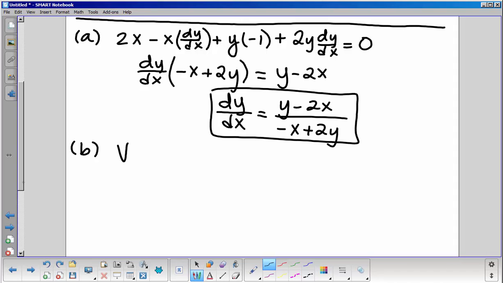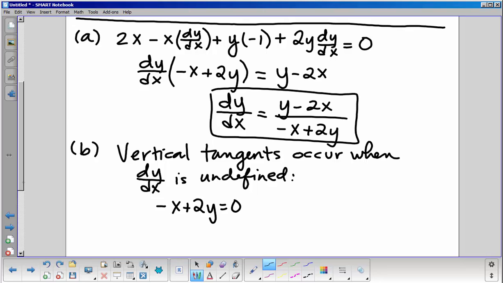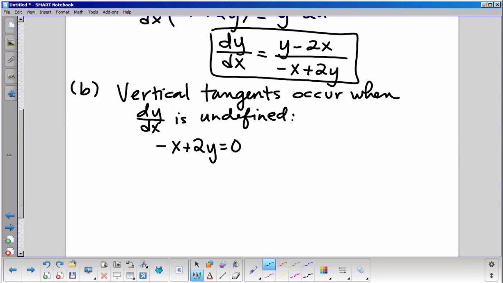So vertical tangents occur when dy dx is undefined. And when does that happen? Right. And that's when the denominator is equal to 0. So that means negative x plus 2y has to equal 0. So solving this for one of the variables, x has to equal 2y. Do you agree with that?